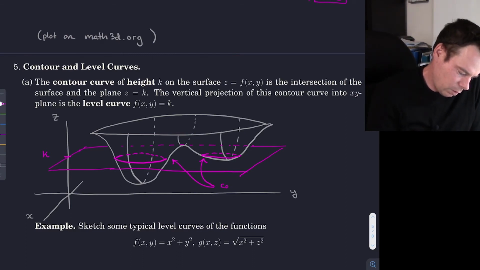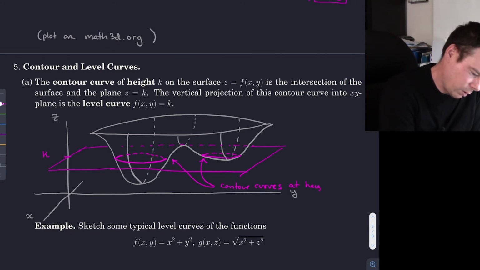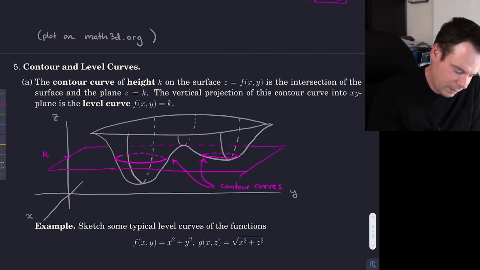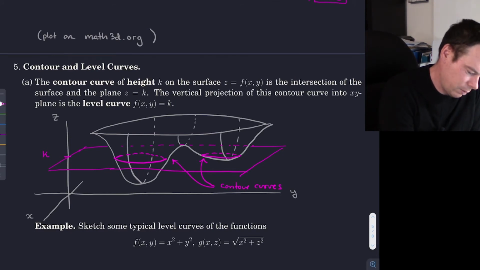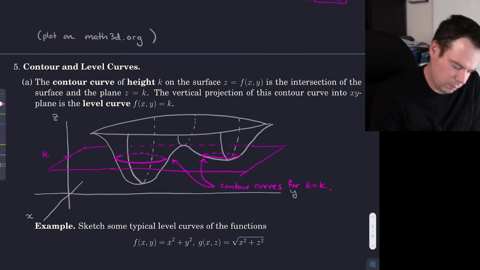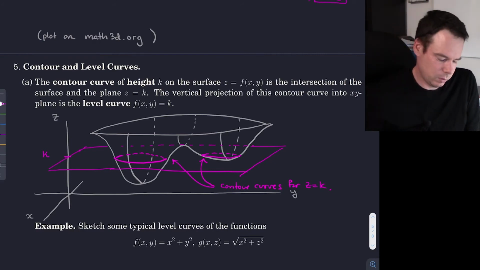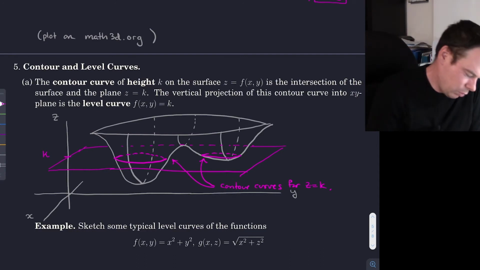These are called contour curves. And they are at a particular height. So they are contour curves. We could say at height k, or I could say for z equals k. So these are the contours for z equals k. When we get our contour curves, maybe I'll draw another one in here.